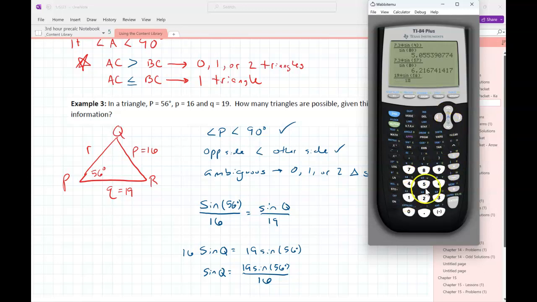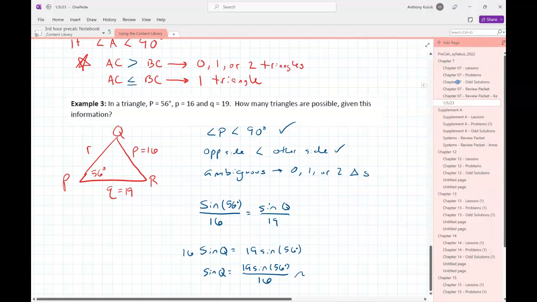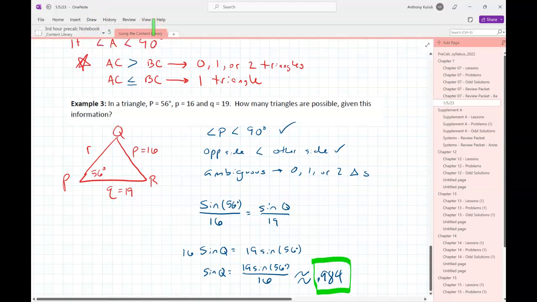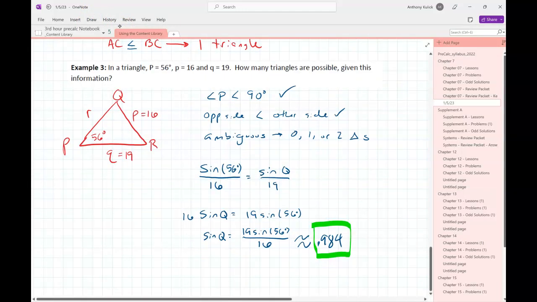I know I already am because I checked earlier. And I get 0.984-ish. Is everybody okay with that? This number is going to tell me everything I need to know. Okay?